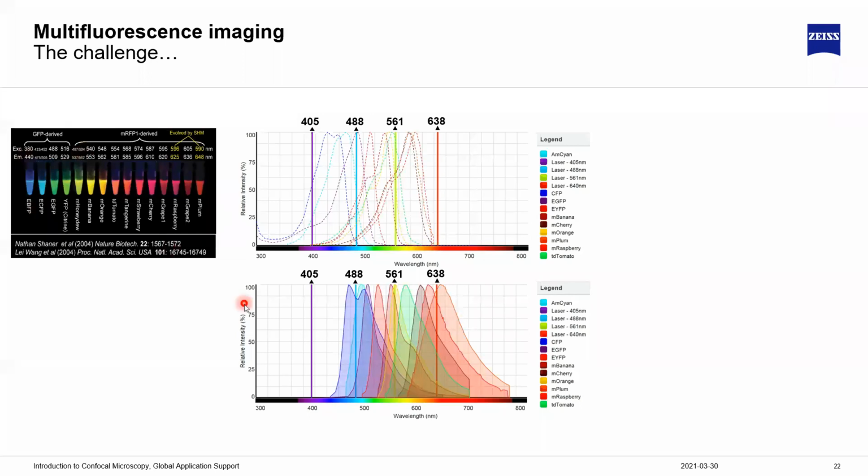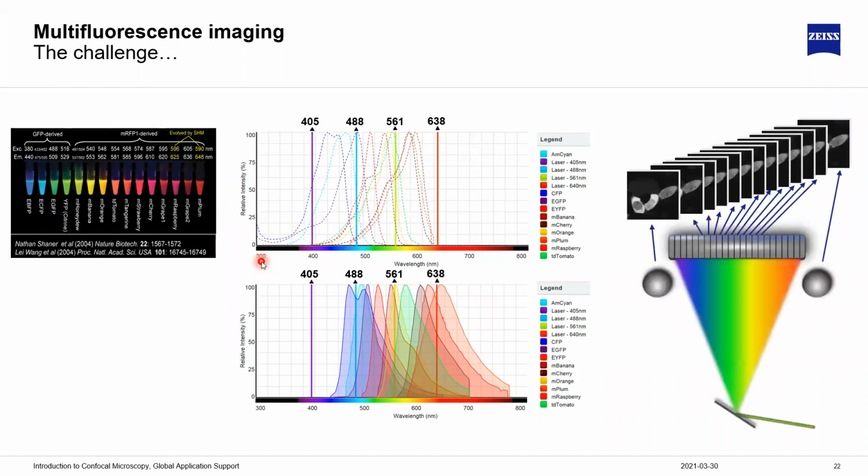Of course, this is a very extreme case, but the amount of labels present nowadays is extreme, and you can really go wild with labeling different pieces of your sample. Even here, the confocal microscope can help you by doing something that we call linear unmixing, or spectral unmixing. By using, for example, spectral detectors, you are able to separate these colors where you get the crosstalk.